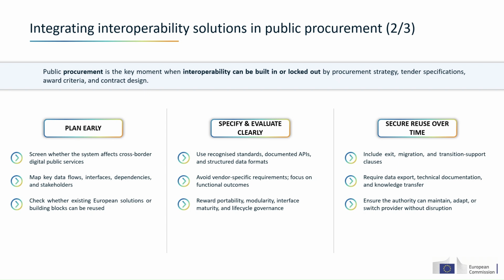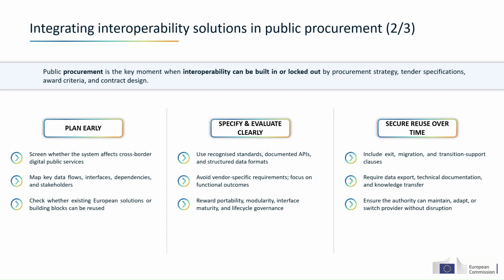Third, secure reuse over time. Here is where the contract becomes essential. The authority should not only buy the initial delivery, but also make sure it can export data, access documentation, transfer knowledge, change provider, and maintain or adapt the solution later.